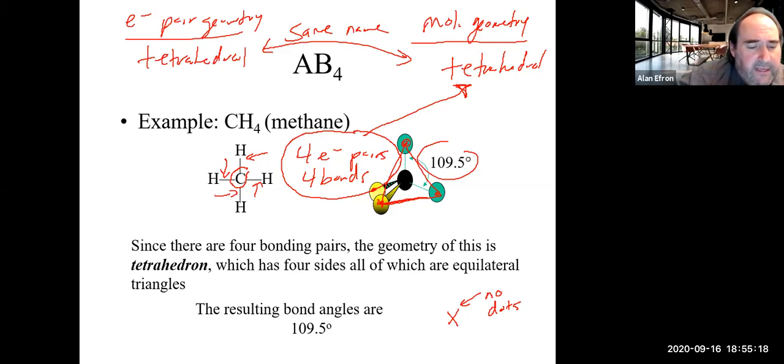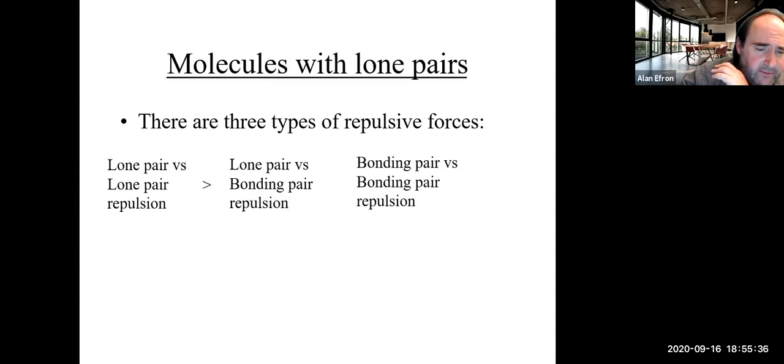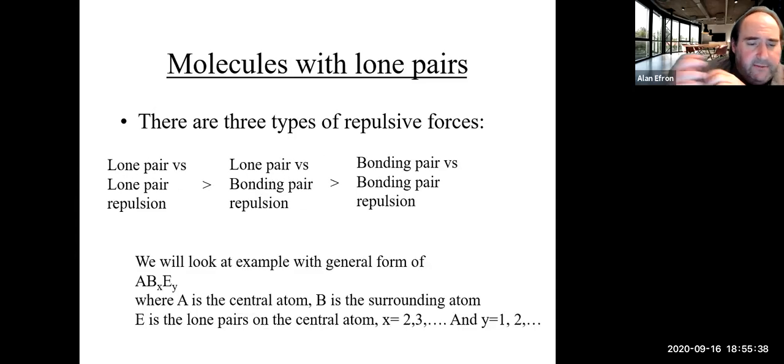It is only when we get non-bonding electrons involved that the names really do change. That's because we now have non-bonding electrons near bonding electrons, and those really don't want to be near each other at all. Basically, this is the repulsion that occurs when we have lone pairs near lone pairs, or non-bonding near non-bonding electrons. That is the worst situation.